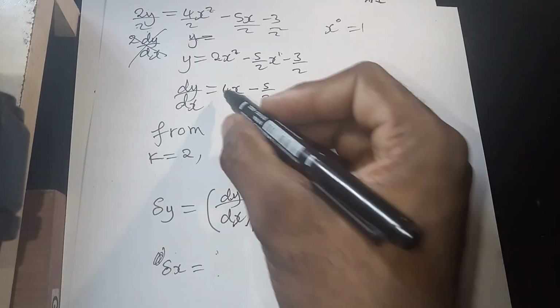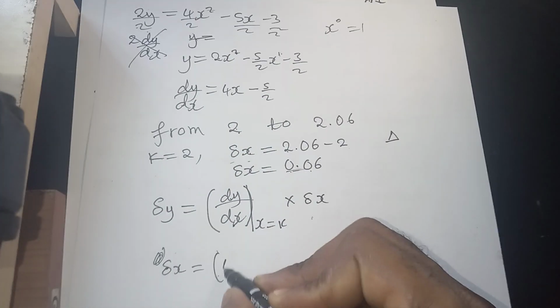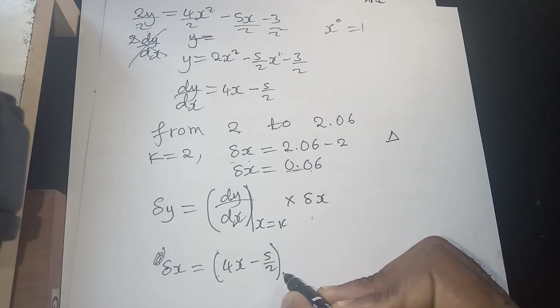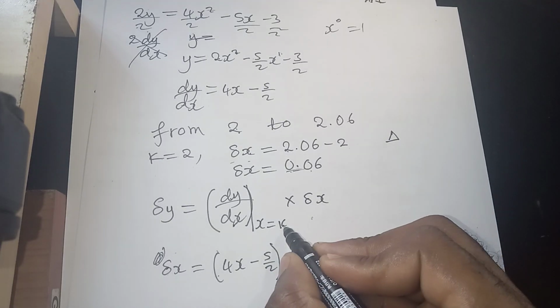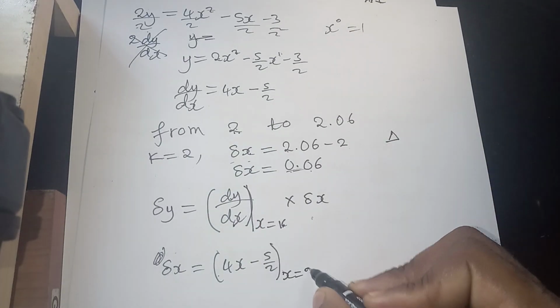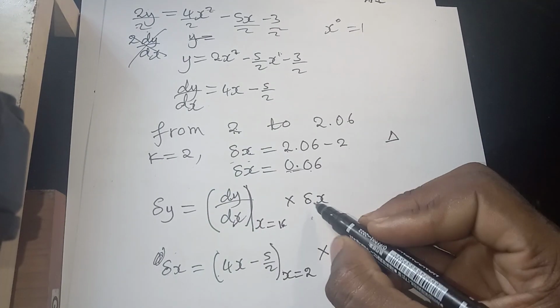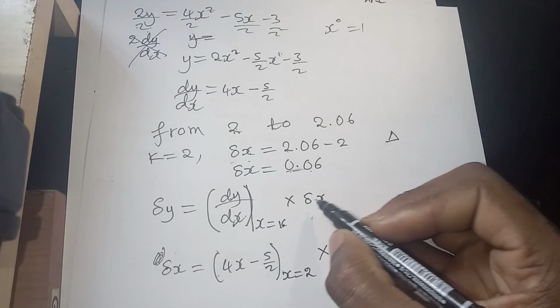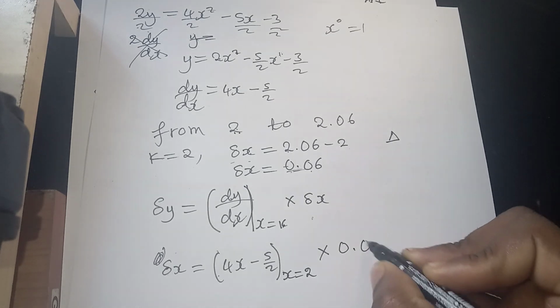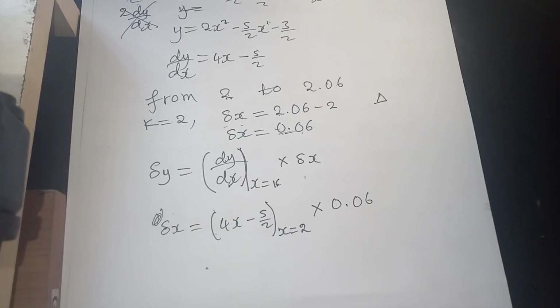dy/dx is this one here. So we have 4x - 5/2 when x is equal to k, the initial value of x, which is 2, multiplied by delta x, the change in x, which is 0.06.